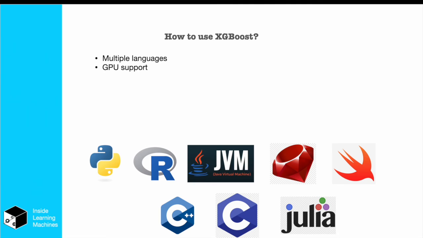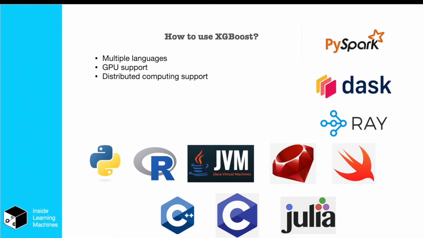Now, on top of this, one key thing to keep in mind is that XGBoost also provides GPU support. So if you need some extra computational muscle to solve your problem, you can do that with XGBoost. And as well, we of course have distributed computing support.